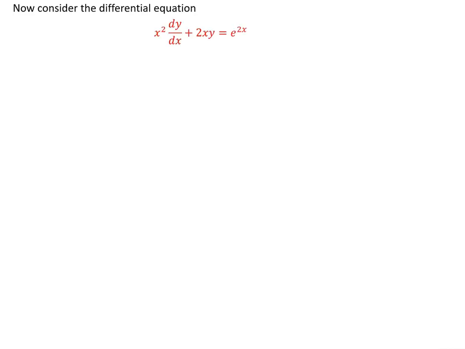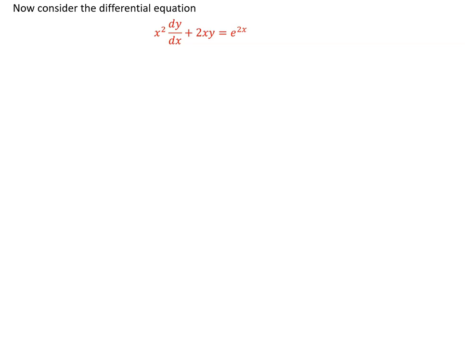What we want to do now is consider the differential equation x squared dy by dx plus 2xy equals e to the 2x. Now if we look carefully at the left-hand side of this expression, x squared dy by dx plus 2xy is an exact derivative.